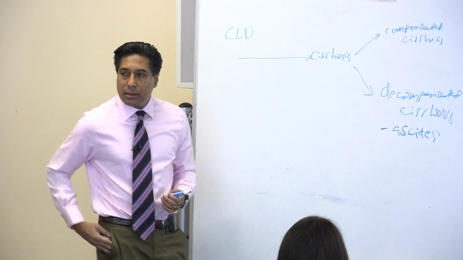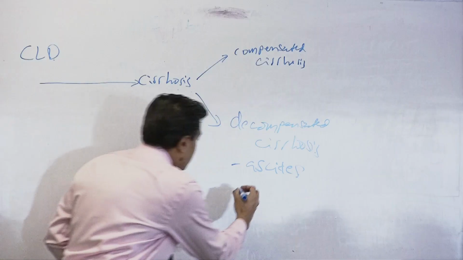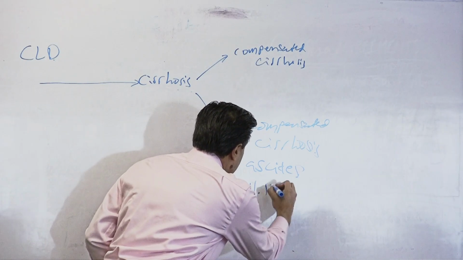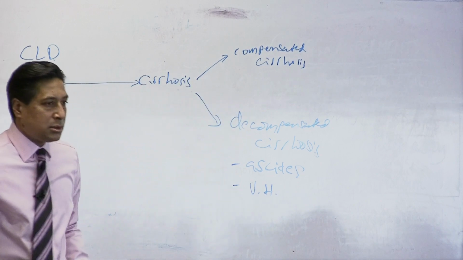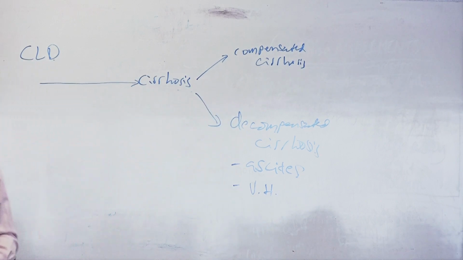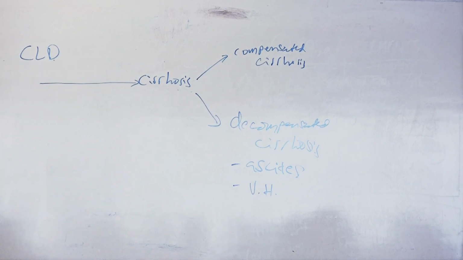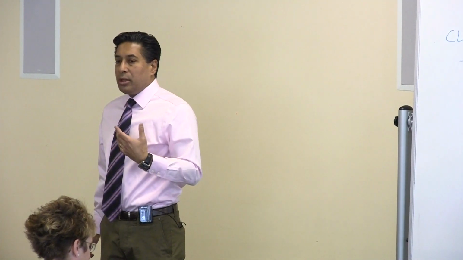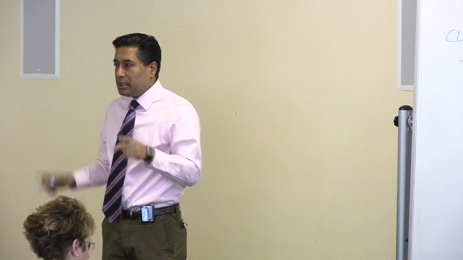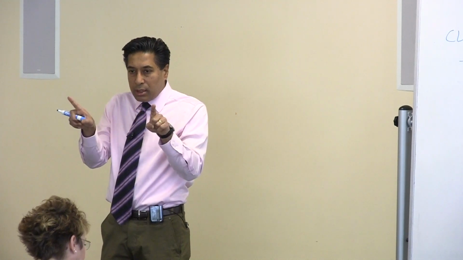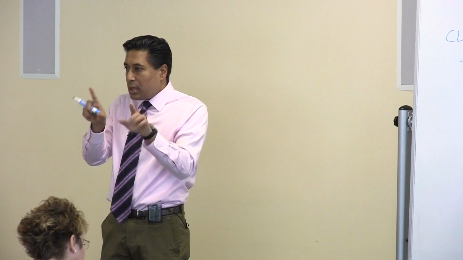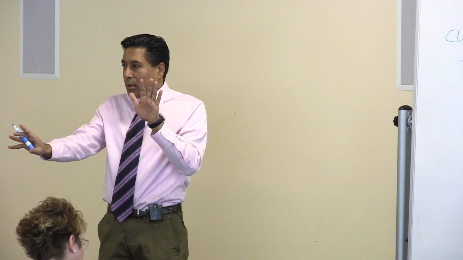What other events? Esophageal varices. So I'm going to say variceal hemorrhage. Ascites is caused by liver dysfunction. You're developing less and less protein, and your oncotic pressure across your blood vessels goes off kilter.